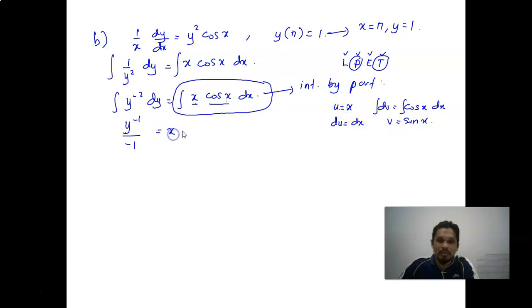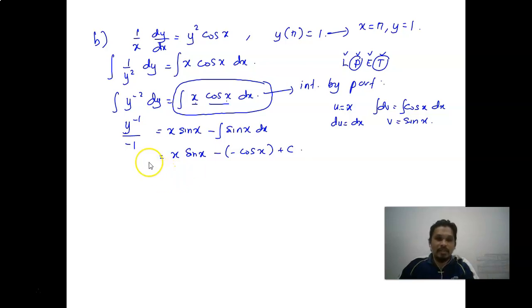So we get x sine x minus the integral of sine x dx. Integral of cos gives you sine, integral of sine gives you negative cos x plus c.